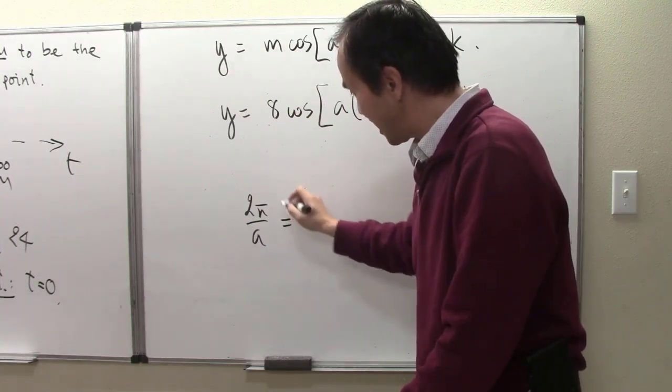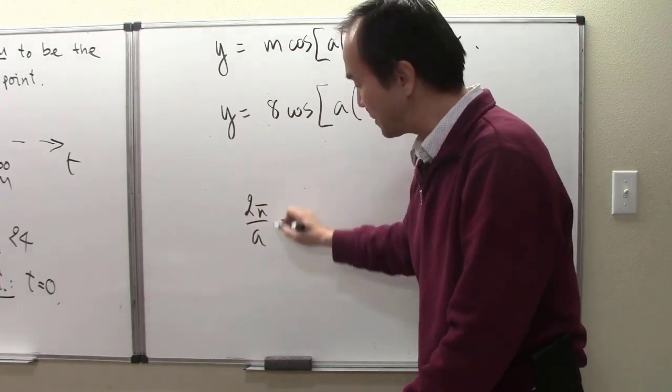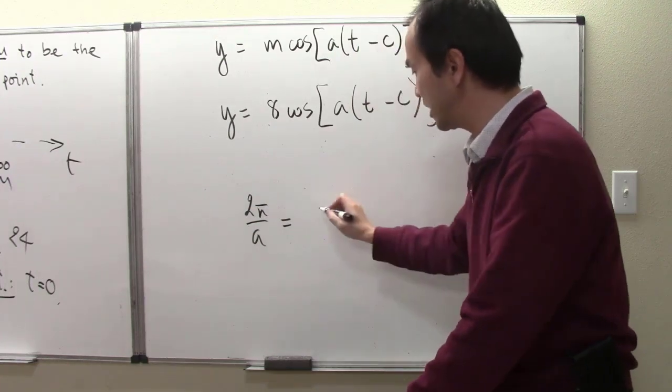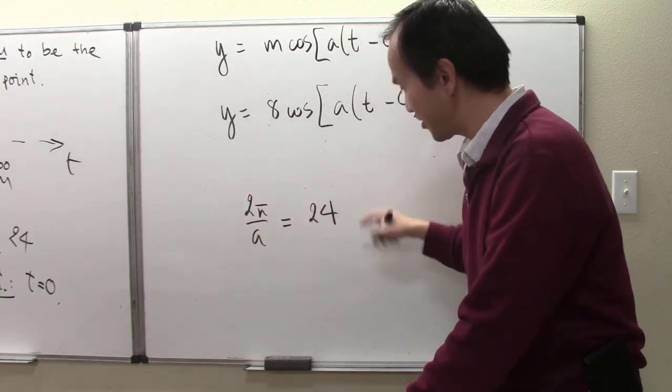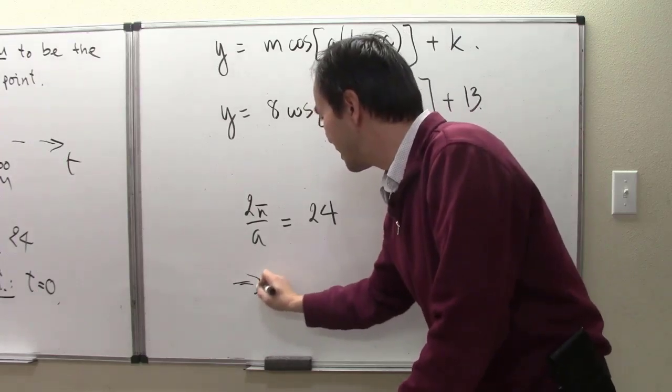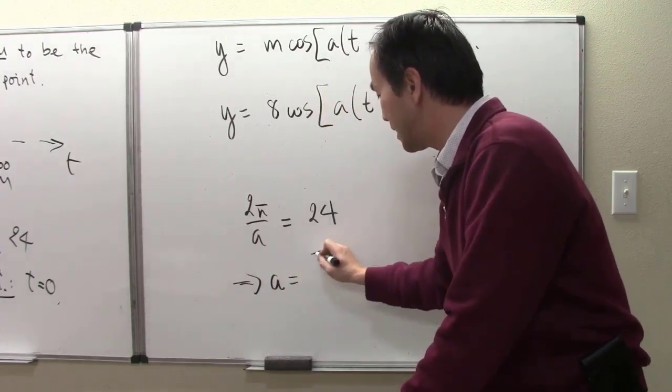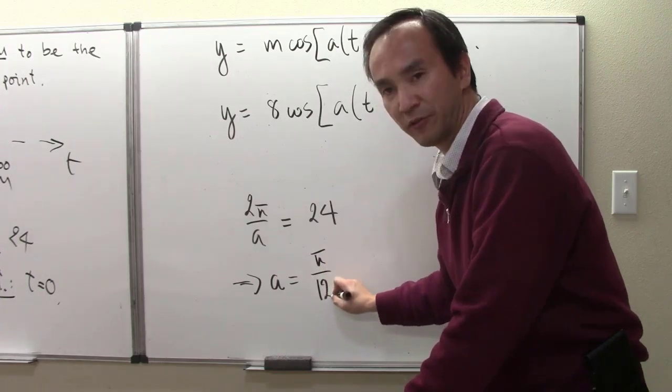In this case, our period equals the given 24. Solving this equation, we get a equals pi over 12.